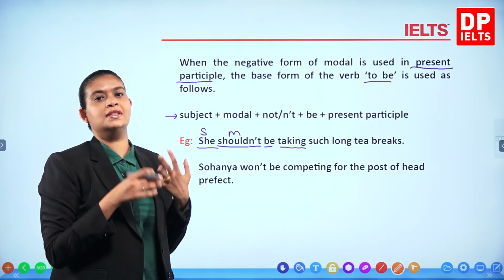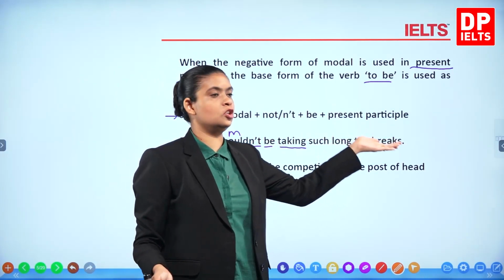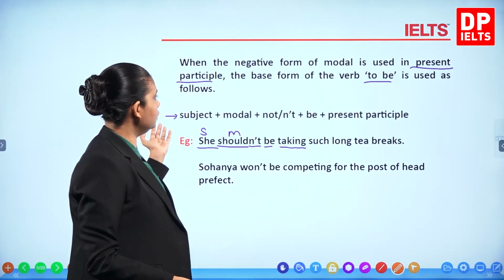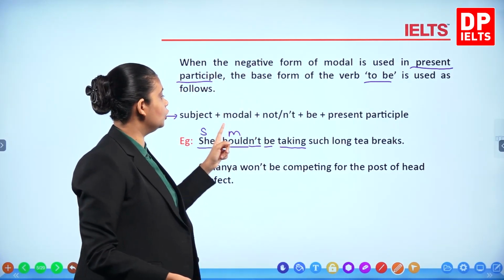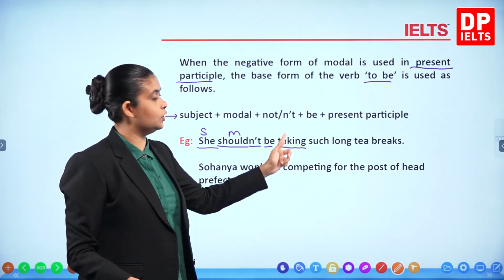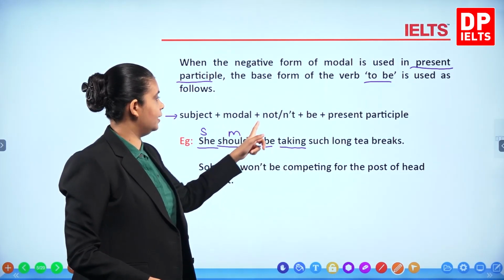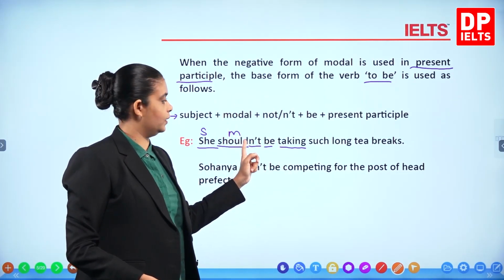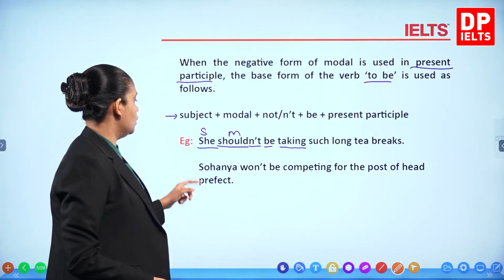So all you have to remember is that it is the ing form. She shouldn't be taking such long tea breaks. When you're writing the negative form of the modal, when you're using the ing form, you should be writing it with the be verb in use, right?